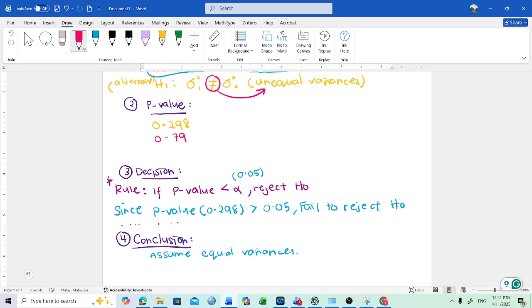Since the p-value 0.79 is also greater than 0.05, then your decision is also fail to reject the null hypothesis. So what is your conclusion? Also assume equal variances.